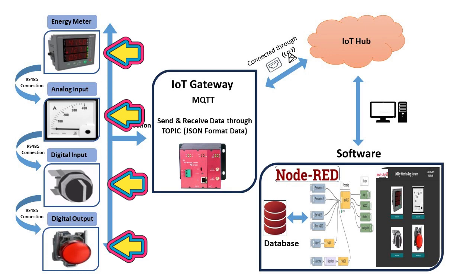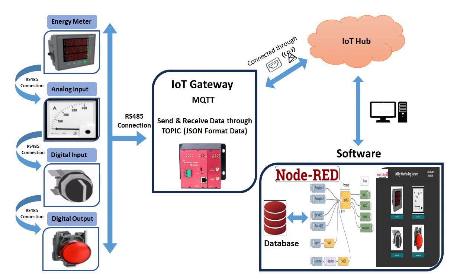Then further, these devices are connected to the IoT gateway using an RS485 connection. This IoT gateway accesses the data from all the devices. The IoT gateway device collects this data and, by using the MQTT protocol, sends this data to the IoT hub, and we made a Node-RED application software.